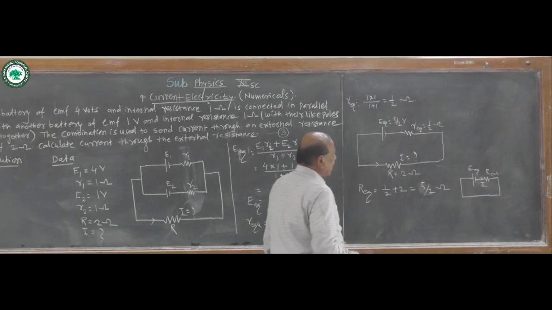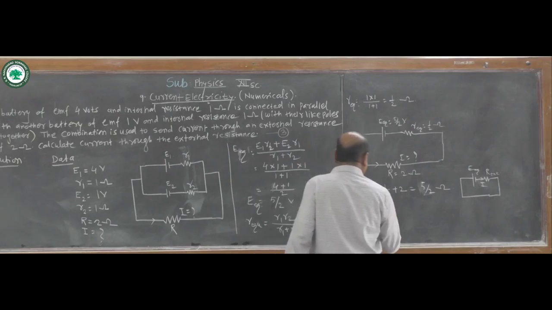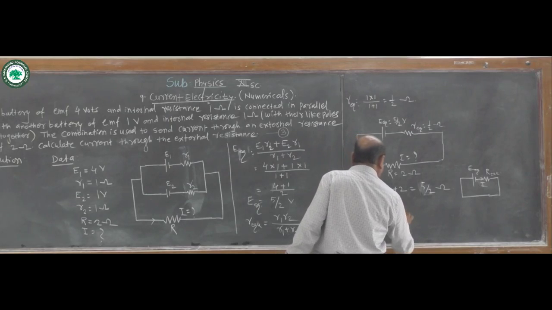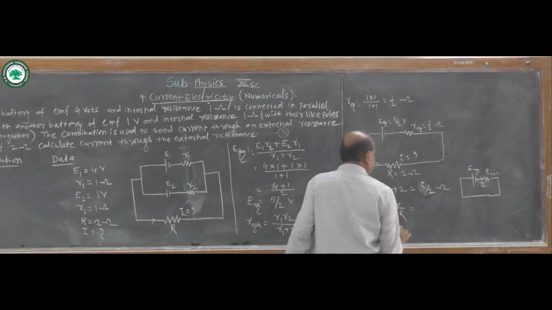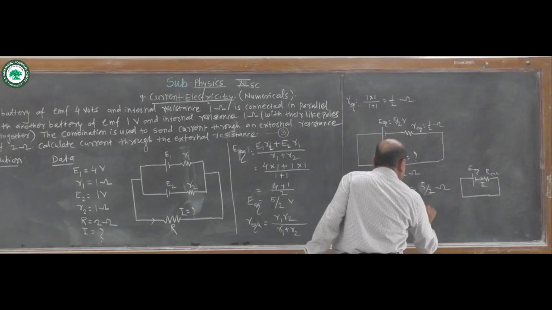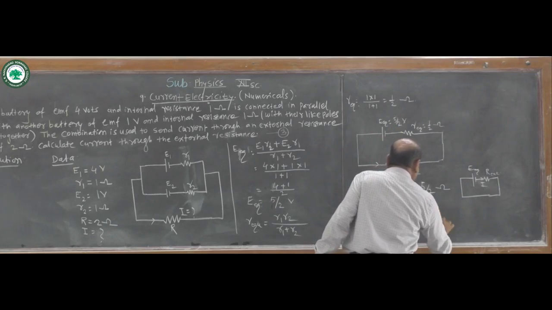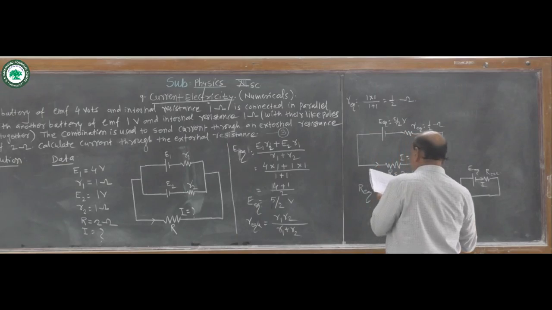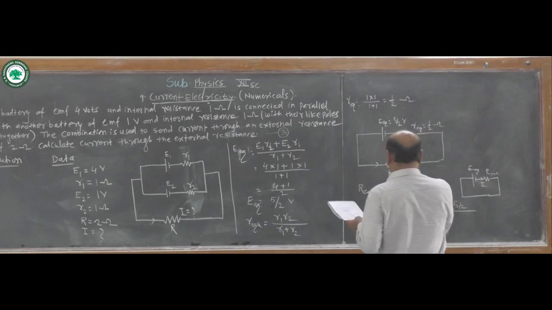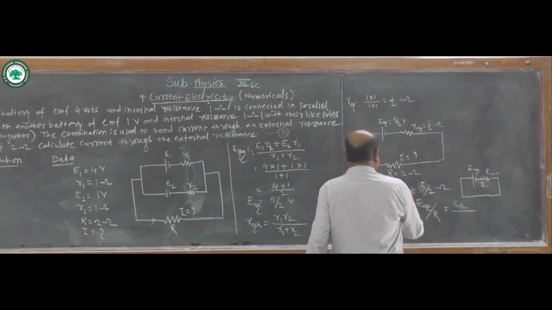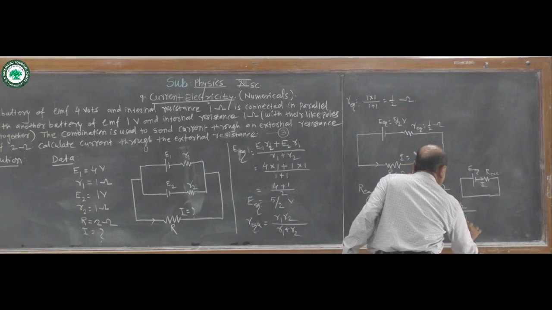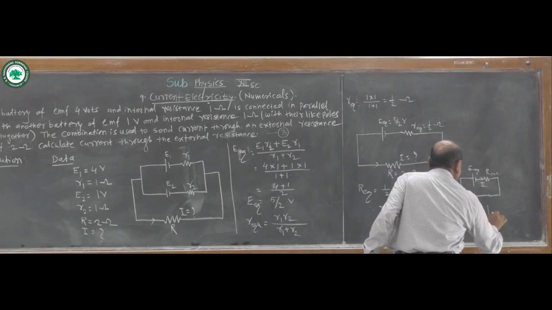We have to calculate it by applying Ohm's law. V is equal to IR, and therefore I is equal to V divided by R. Here V is the equivalent EMF, 5 by 2, divided by the total resistance, which is again 5 by 2, which is equal to 1.